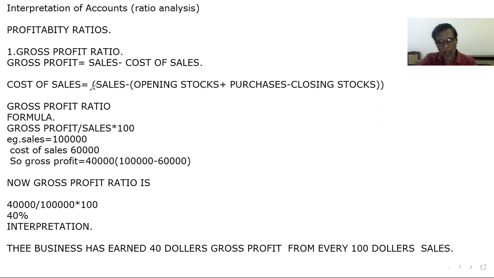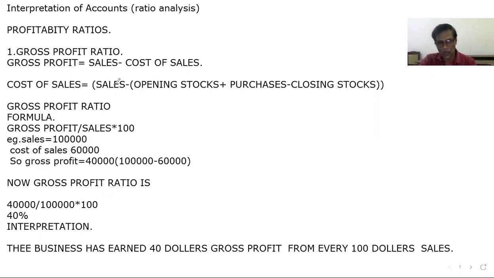So that you have to minus from sales. Now, cost of sales equals opening stock plus purchases minus closing stock.